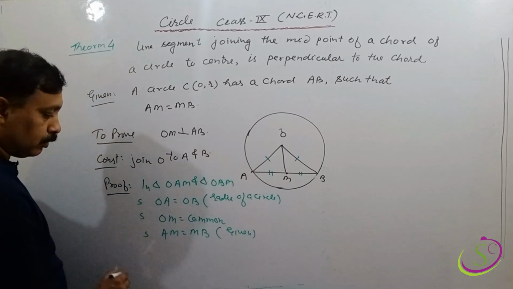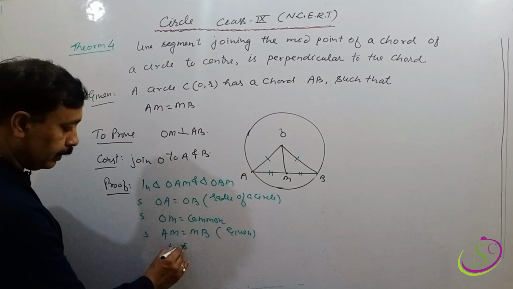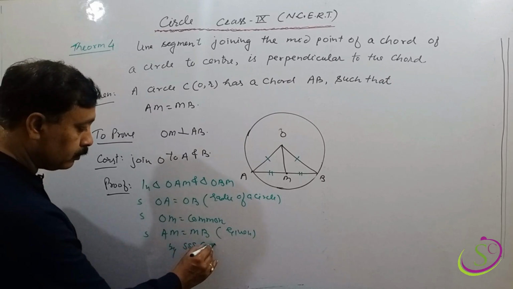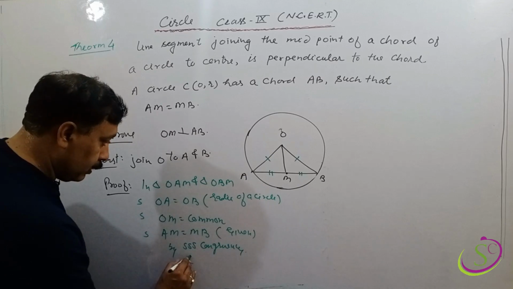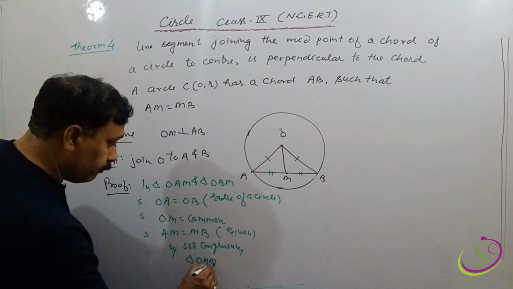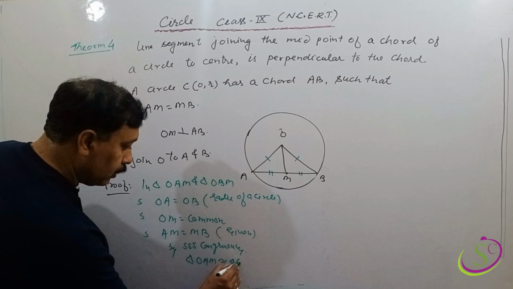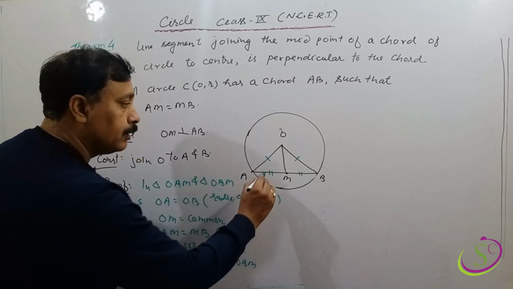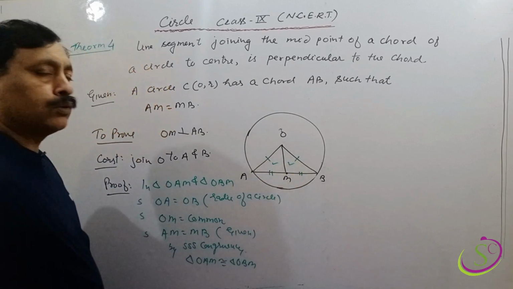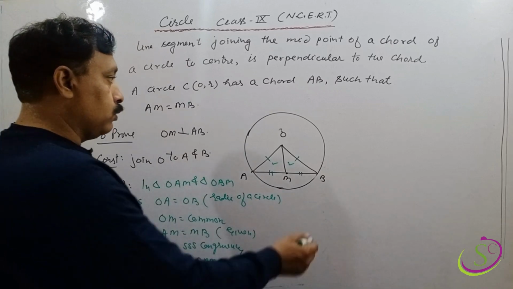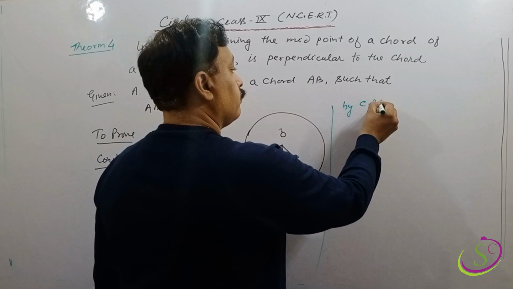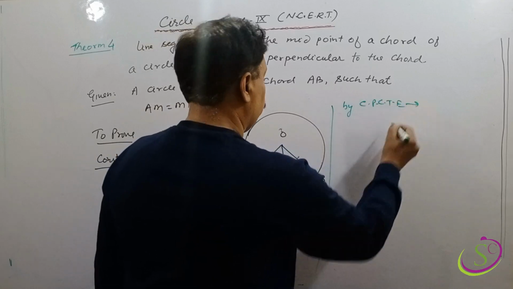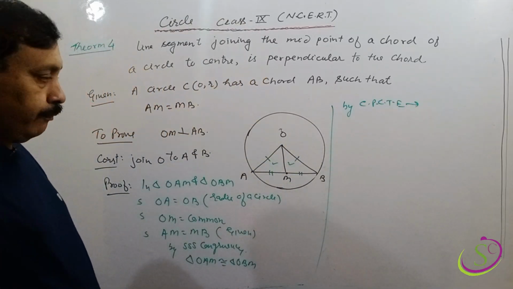Side and this also side. So by SSS congruency, triangle OAM is congruent to triangle OBM, means this triangle and this triangle both are congruent. So by using CPCTE, what things will be obtained?